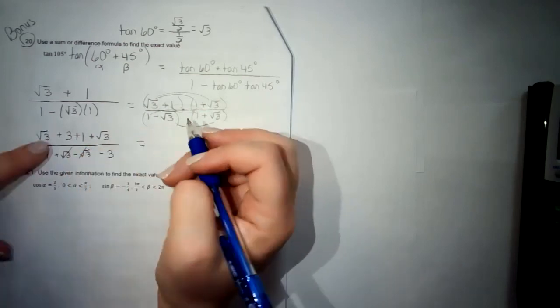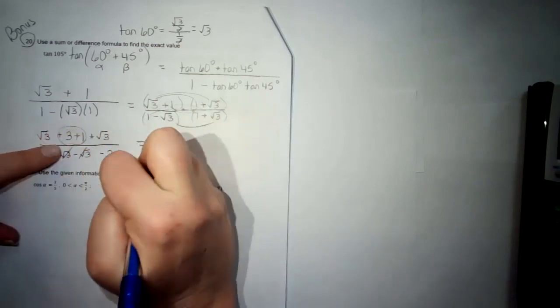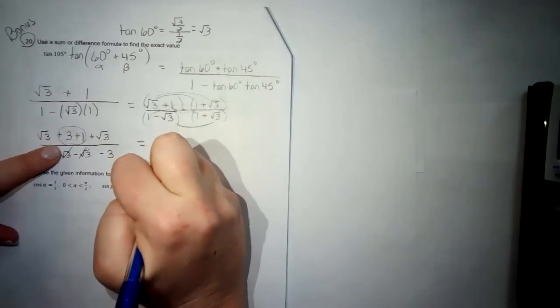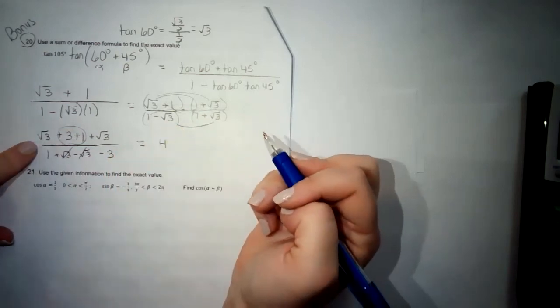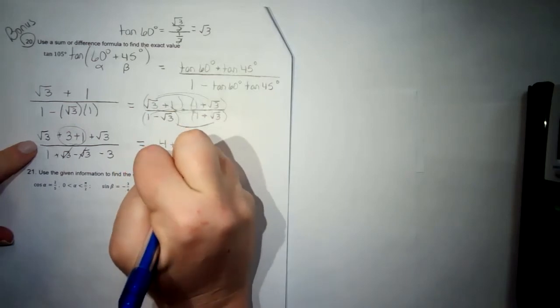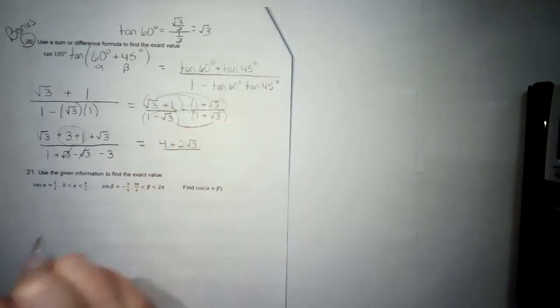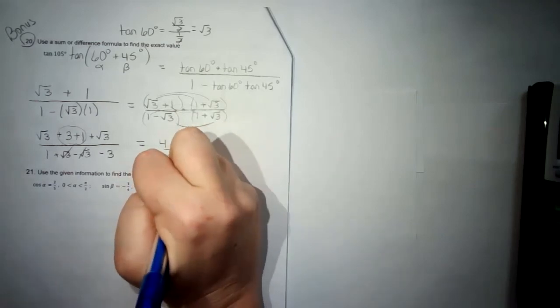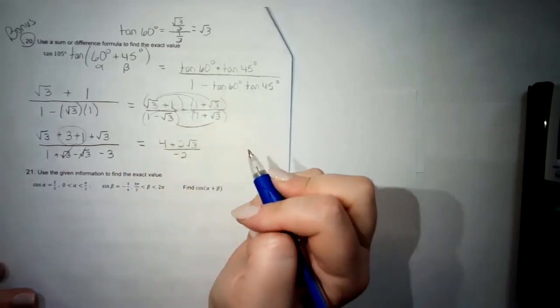All right. So what I notice is I have a 4 right here in the middle. I'm going to put it in the front. And then what's the root of 3 plus root of 3? 2 root of 3. Okay. And then what do I have in the bottom? -2. All right.